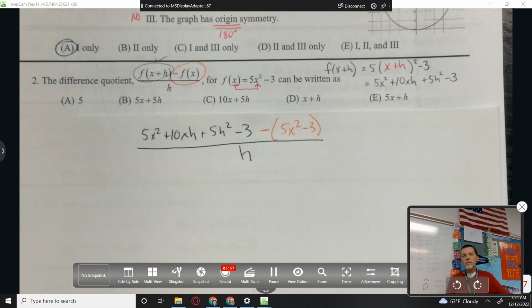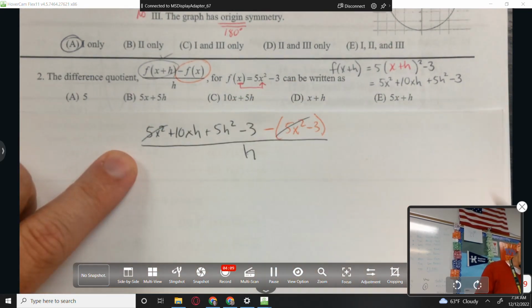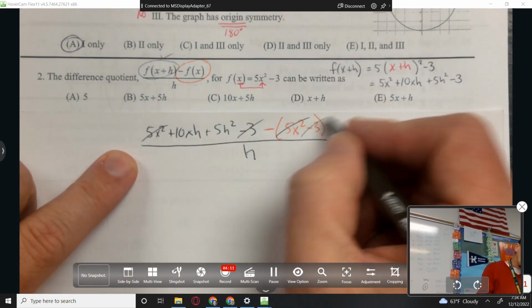In my mind, problems like this are not hard problems, but you do have to be careful. You got to be neat, and you got to know a little bit of algebra. All right, let's distribute the minus sign, and the 5x squareds will cancel. Minus 3 plus 3 will cancel.